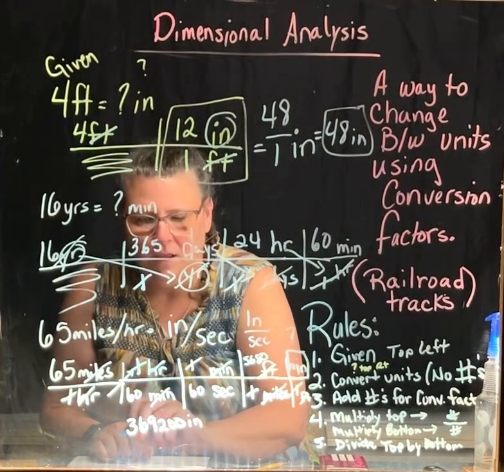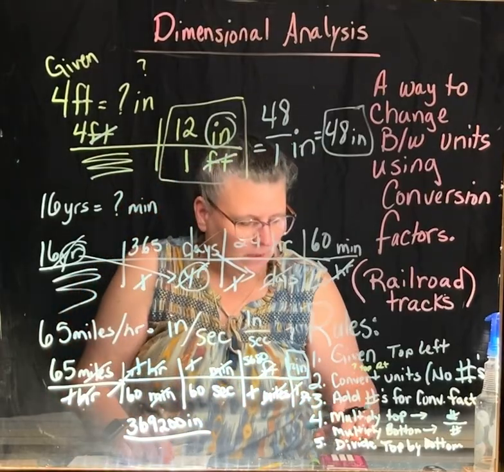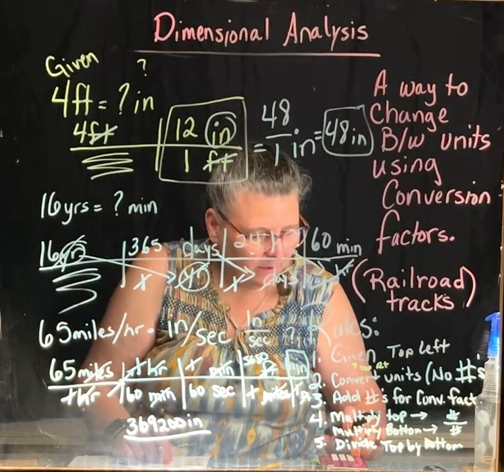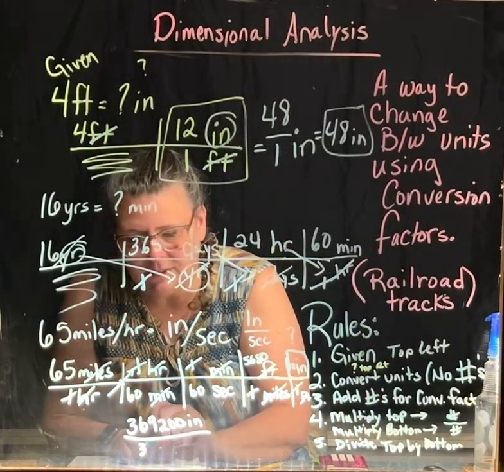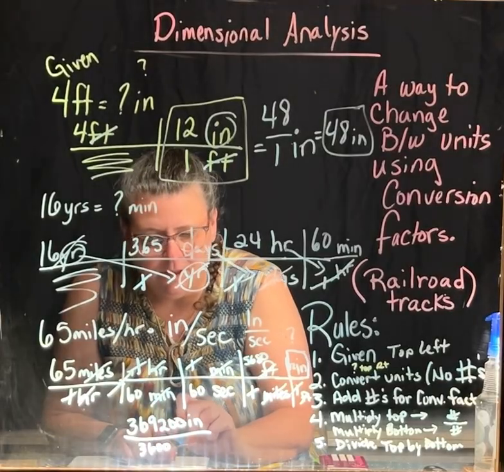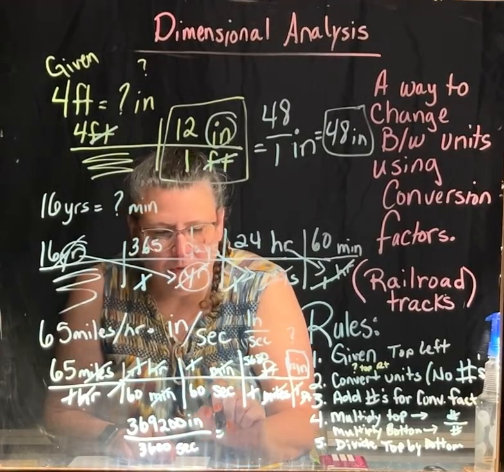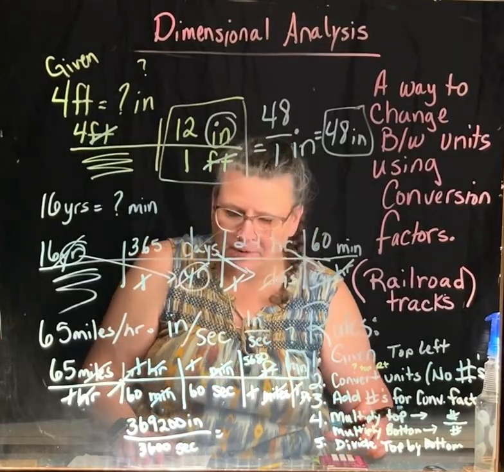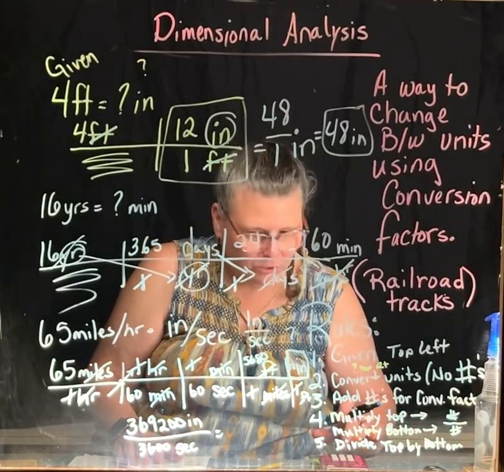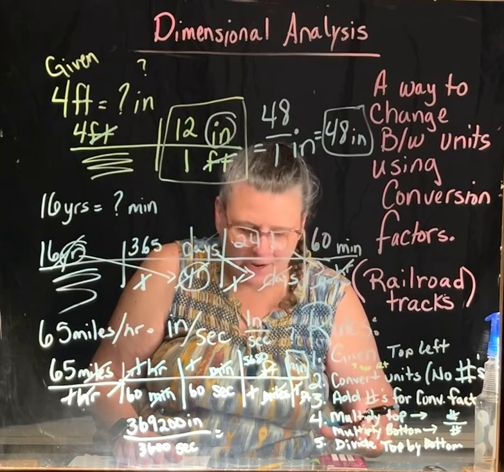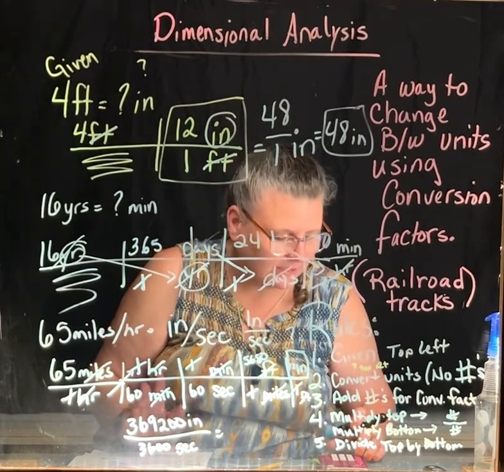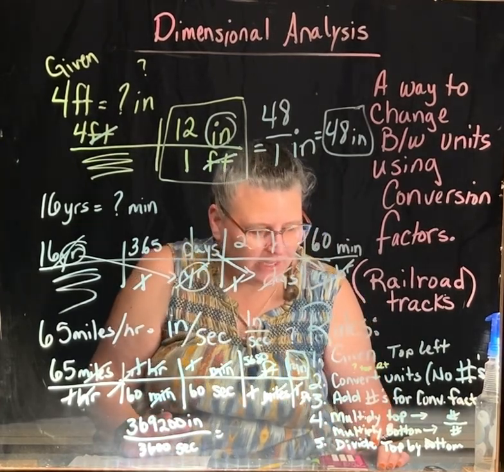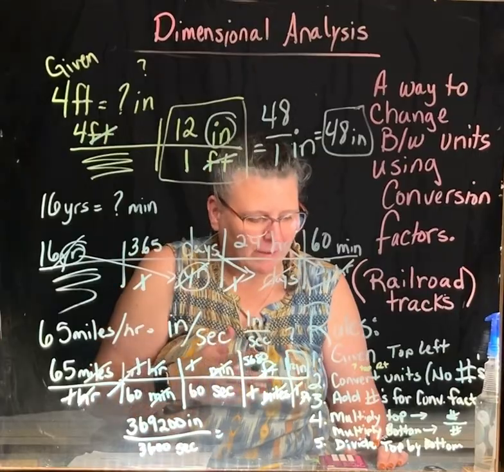inches over 60 times 60, which is 3,600 seconds. Well, I need to turn this into one number and not a fraction. So I'm going to take 369,200 divided by 3,600, and I'm going to get 102.5 and so on.